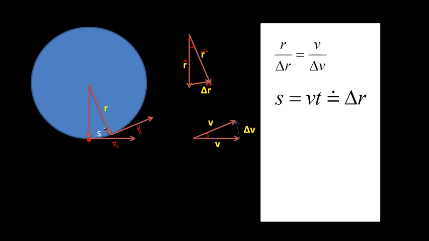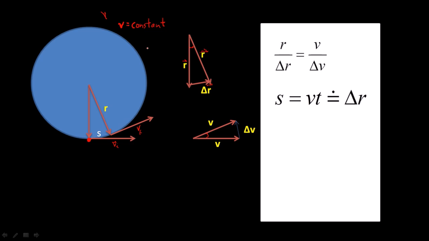And S, of course, is the distance that's traveled in a given amount of time at the given velocity. Please remember that if we're talking about a uniform speed, that the speed is constant. The velocity is most certainly not constant because the velocity is changing direction all the time. So the vector is not constant, but the speed, the magnitude, is constant.